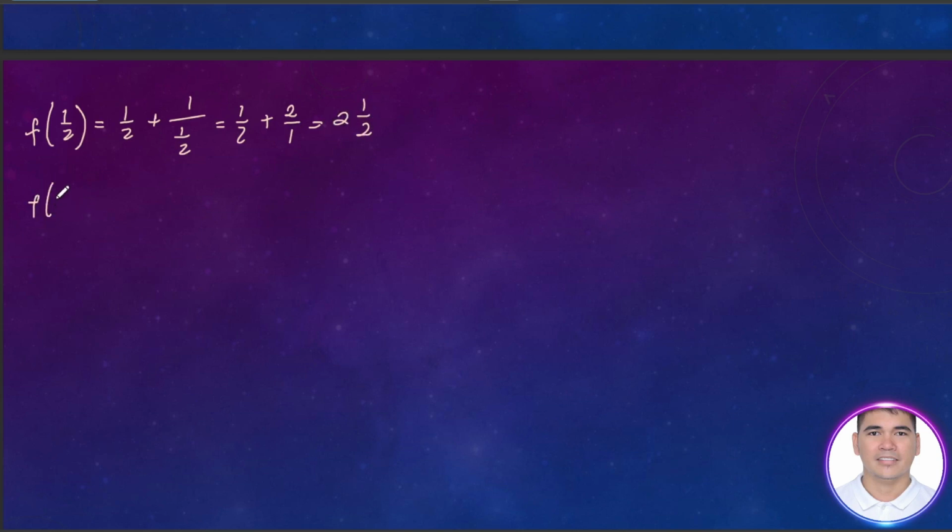For our critical number 1, we get 1 plus 1 over 1, so the answer is 2. And for the endpoint 3, we have 3 plus 1 over 3, so we have 3 and 1/3.